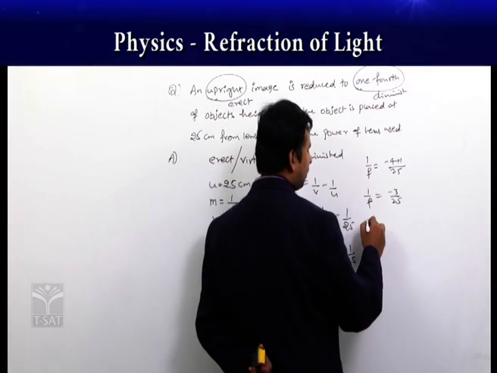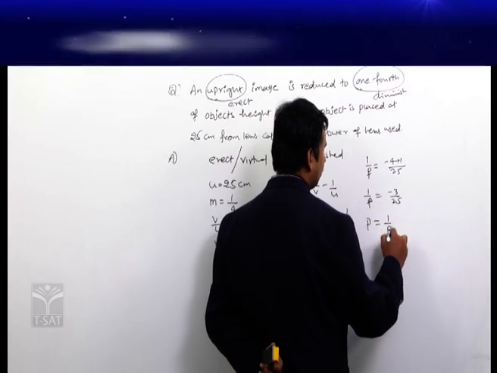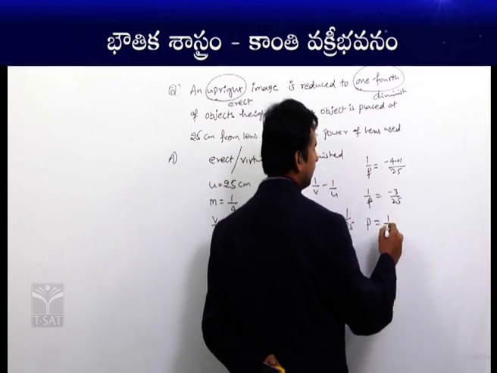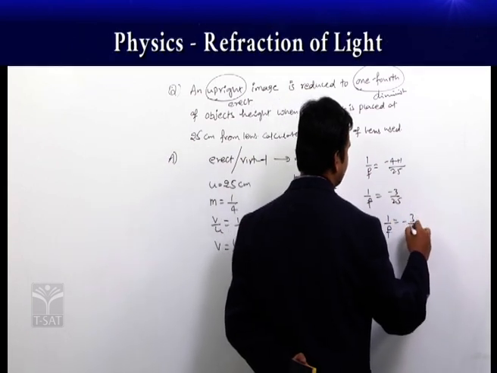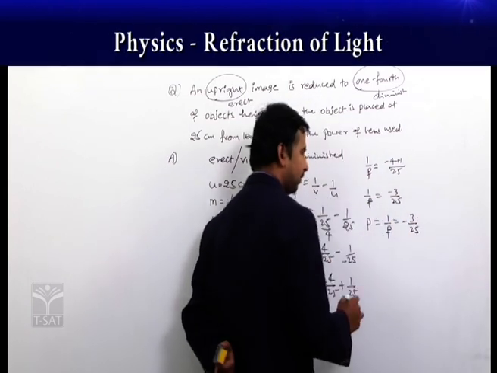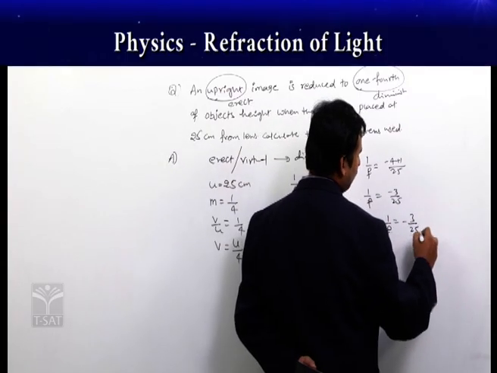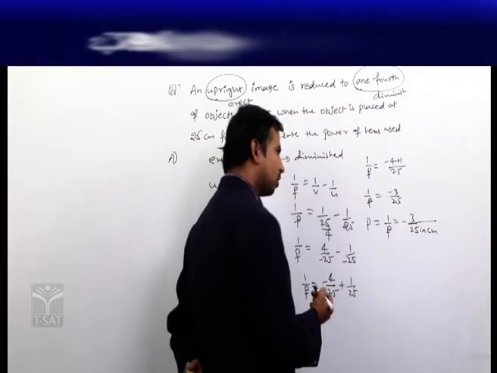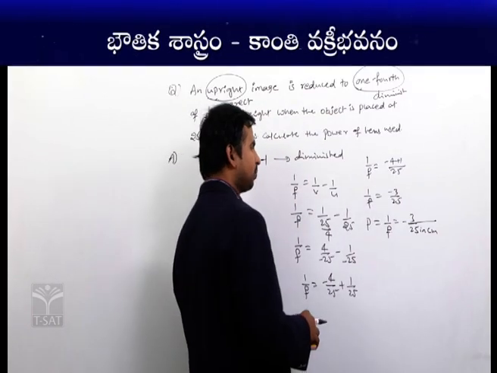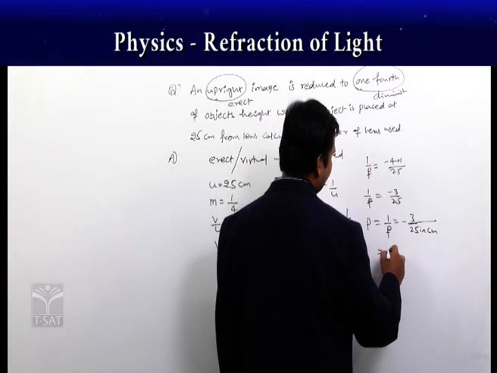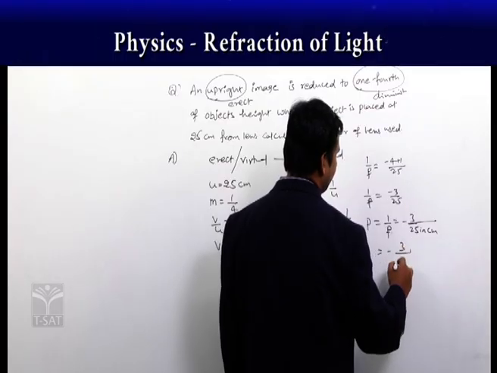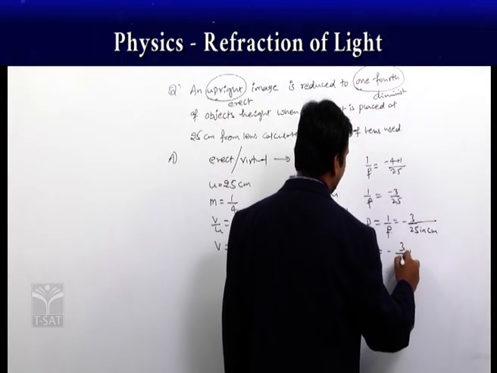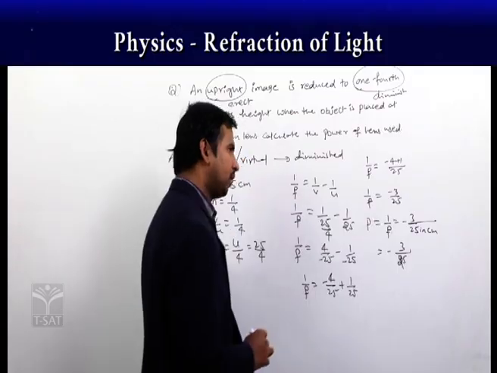Then what we need is to find the power of the lens. The power of the lens P is nothing but 1/f, so that 1/f value we got is minus 3/25. But this focal length is in centimeters, so we have to take the focal length in meters.